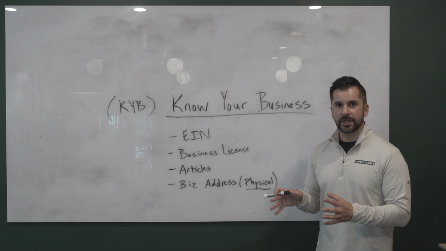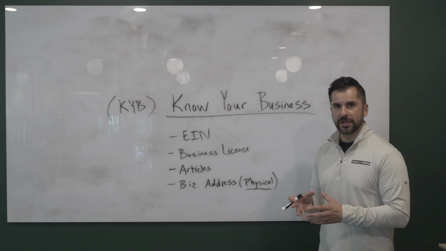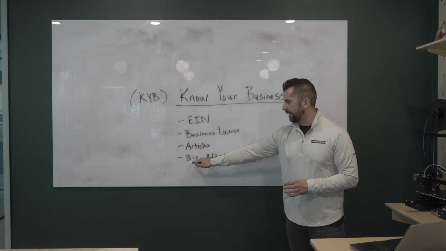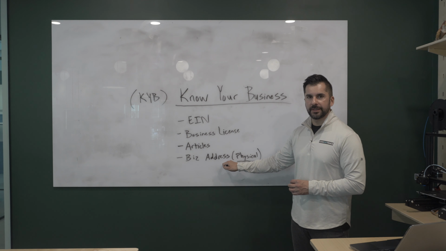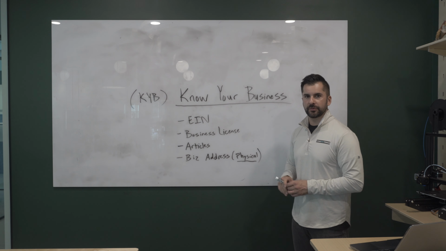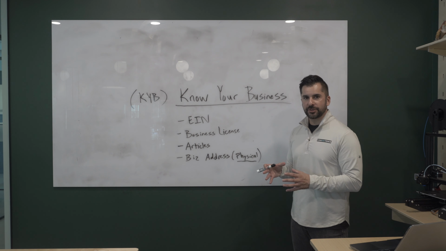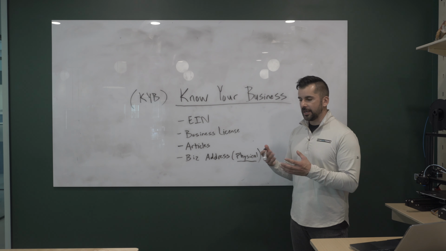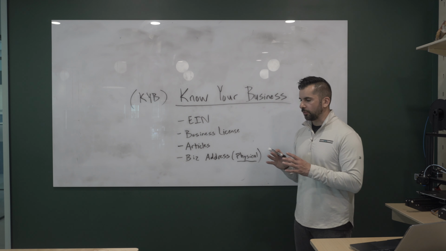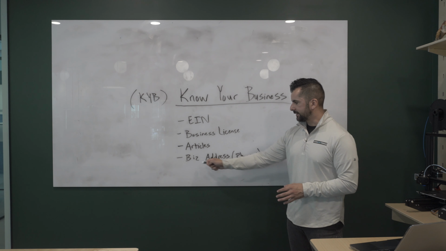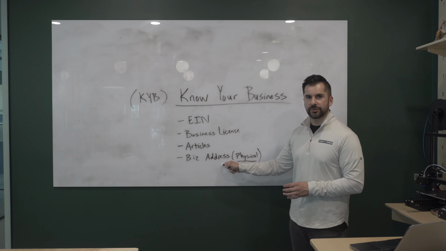I'm going to repeat this a couple of times. The registered agent address does not satisfy this business address requirement that you are sending to your financial services providers. I repeat, the registered agent address that you get from Wyoming or Delaware or wherever you're registering does not satisfy this business address requirement.